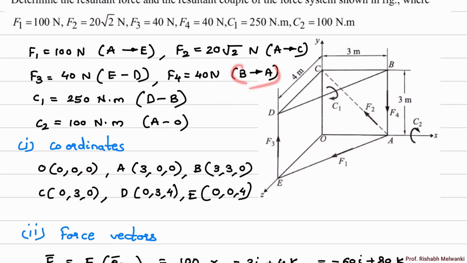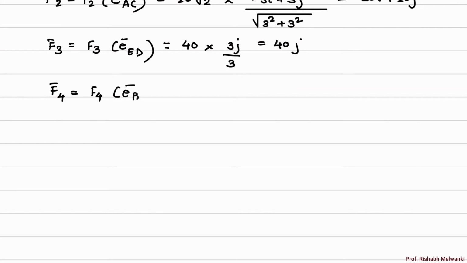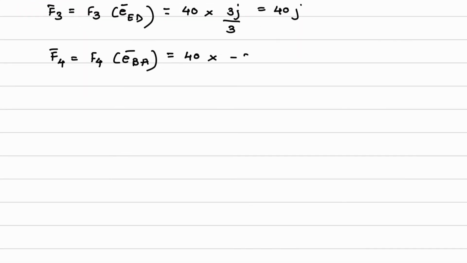It is B to A, so it will be A minus B. The F4 value is 40 into the unit vector. For A and B, 3 minus 3 is 0, and minus 3j. So here also we'll have minus 3j. Minus 3j upon the square root of 3 squared, so 3. This will be minus 40j.